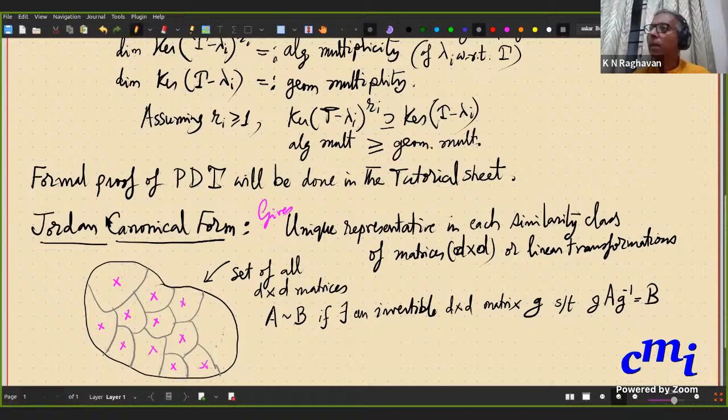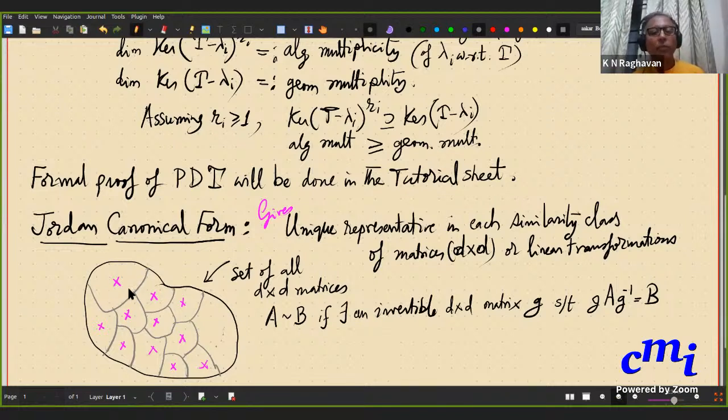So on the one hand, I said a representative could be any element belonging to this similarity class. Any other element here would also be a representative, all right? But that is not so useful.